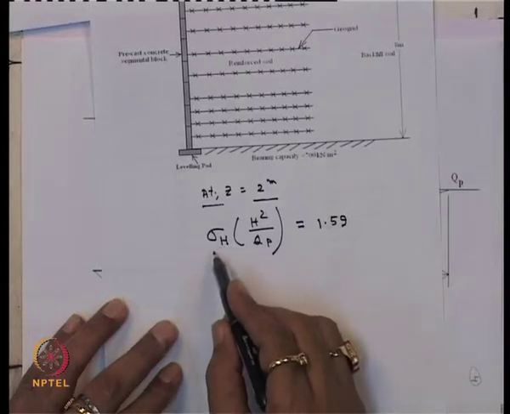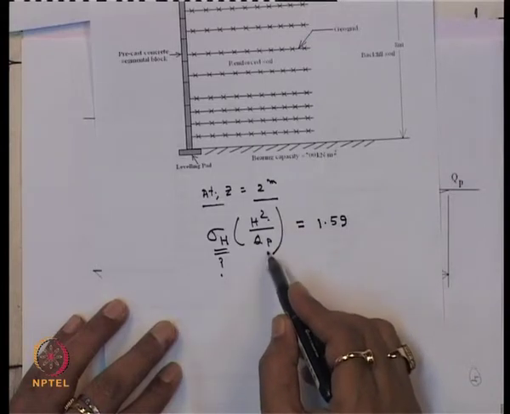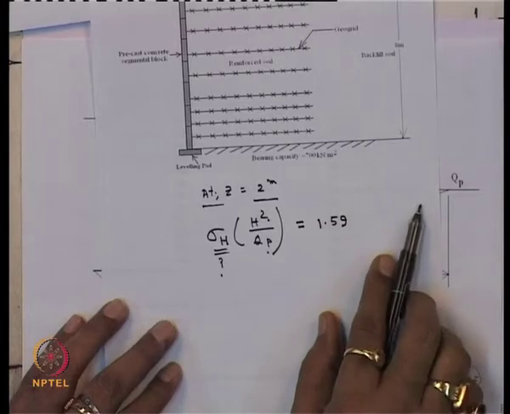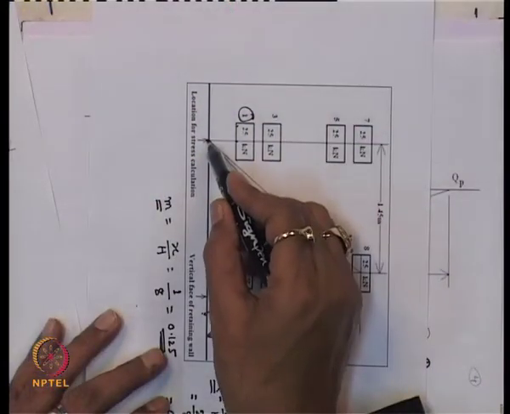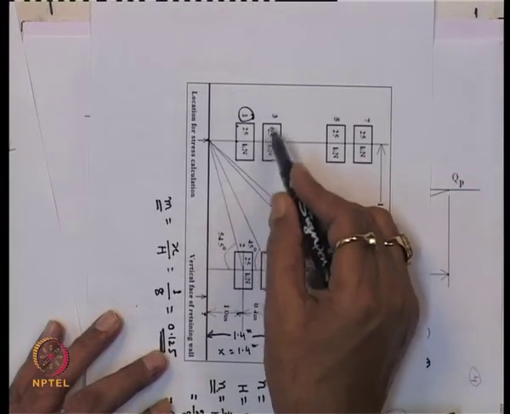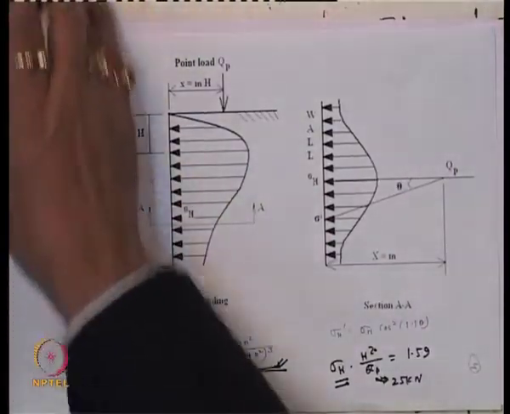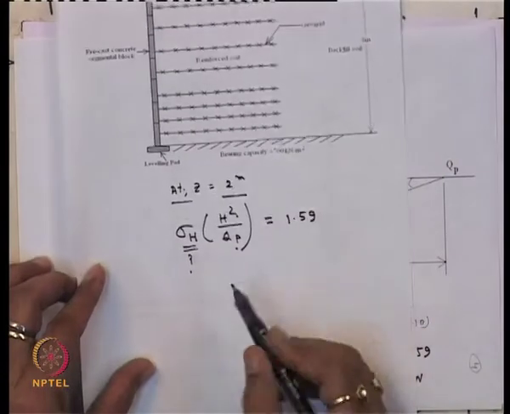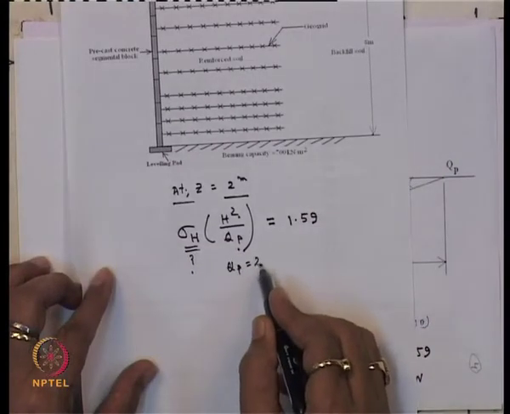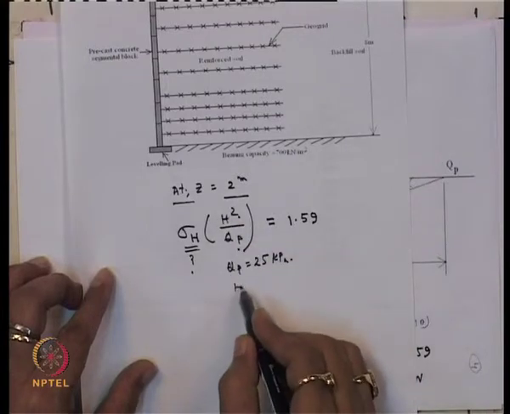Now you have to calculate sigma h. This is unknown. H is 8 and QP is the point load, that is 25. So QP is 25, that is in kPa, and H you know.